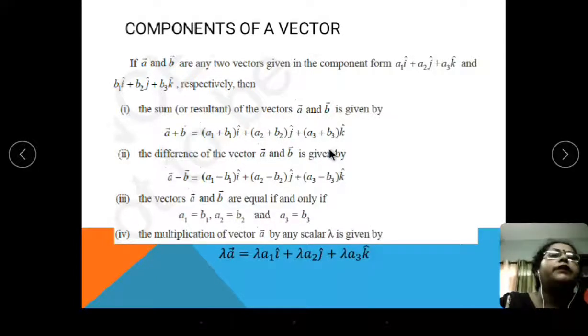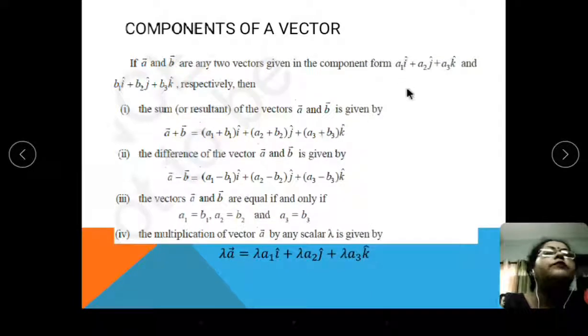That essentially means we are keeping the unit vectors and adding the corresponding components.